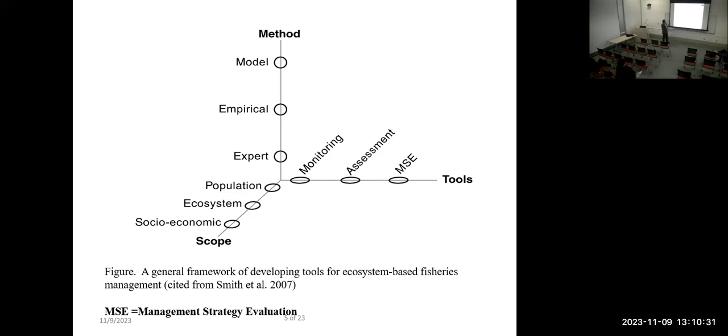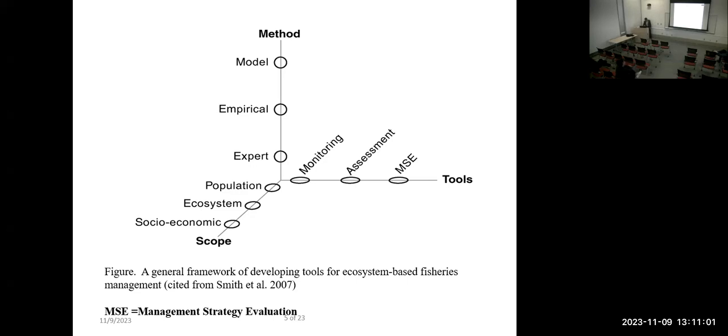And in terms of method, we can have expert input, empirical observations, and also a very, very complex model. In terms of scope, the simple one would be just the fish population, but we know they're not living in the ocean by themselves, so we have to consider the ecosystem, and because of human involvement, you also have to consider socioeconomics.